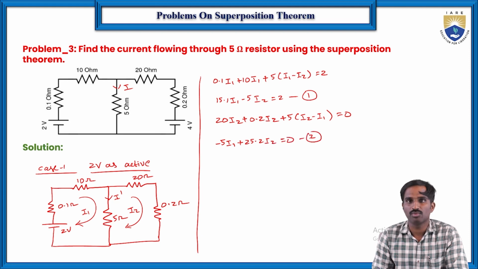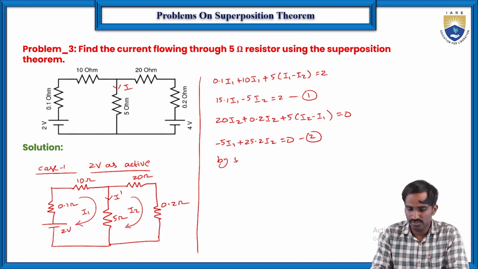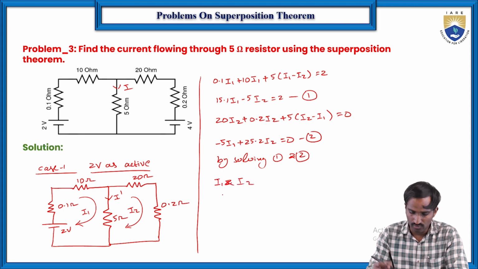This is equation number 2. By solving equations 1 and 2, you will get the values of I1 and I2. Anyway, here we need only I2. The value of I2 is 0.0281 amperes.